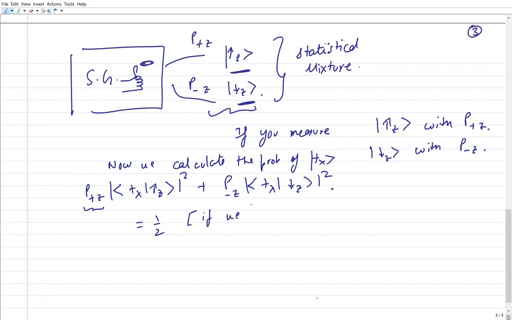If we have a fair coin, P plus z equals P minus z equals half.